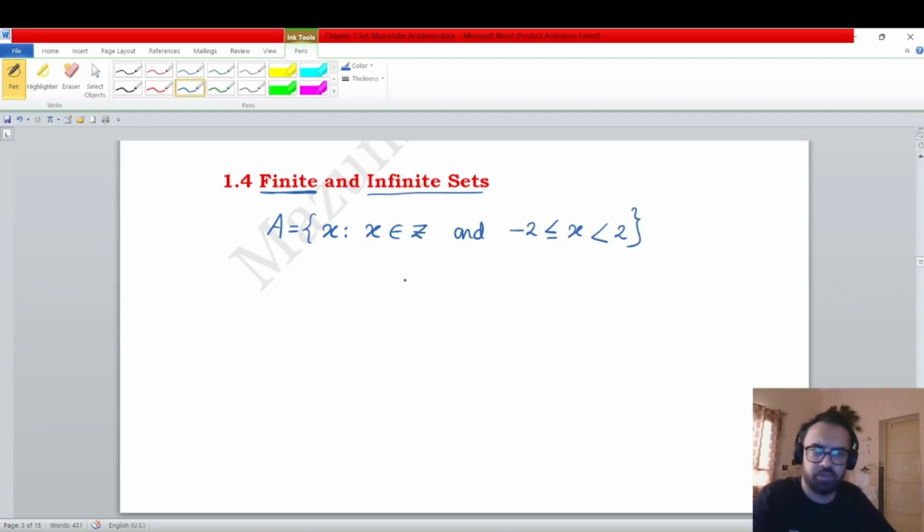So this is a finite set. How? If I work out this set, what are the elements that will come for me?